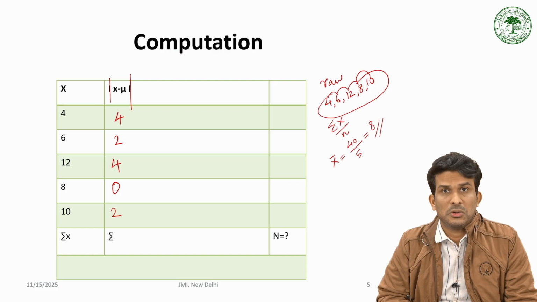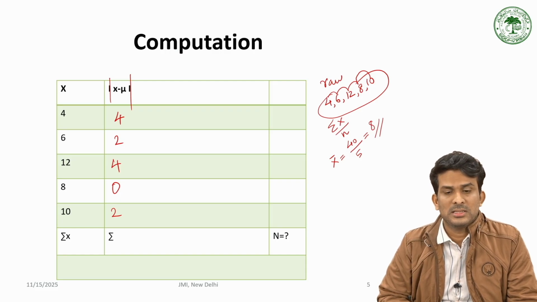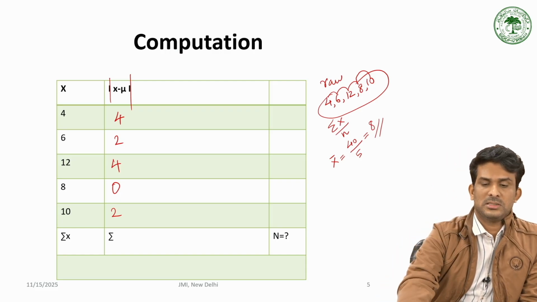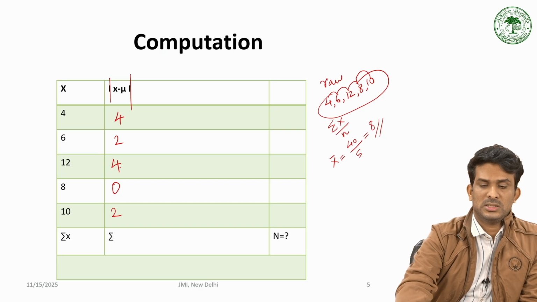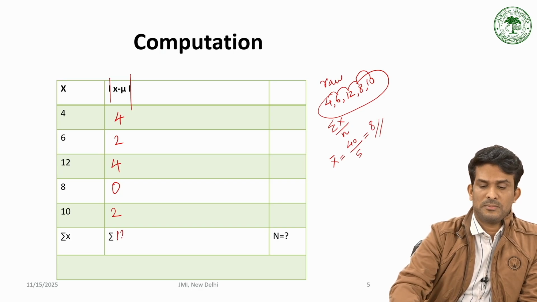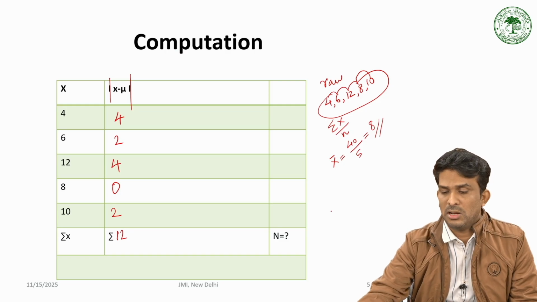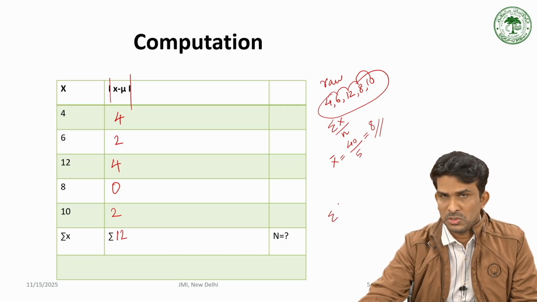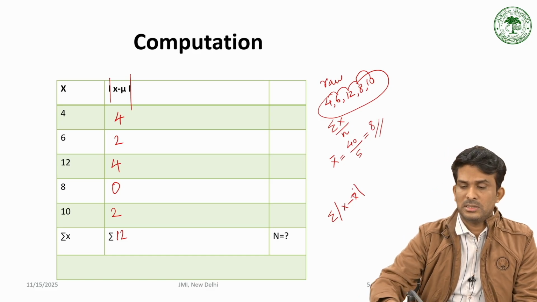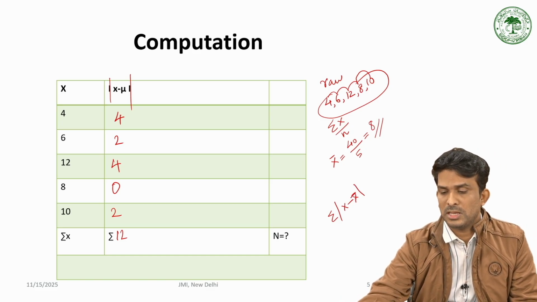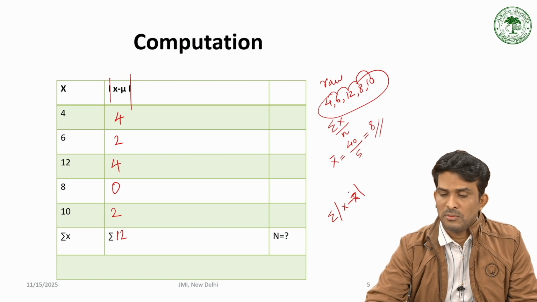Go for the total of modulus x minus x bar. What is it? 4, 6, 10, 12. 12 is the total of modulus x minus x bar. Got it? 12 divided by n.